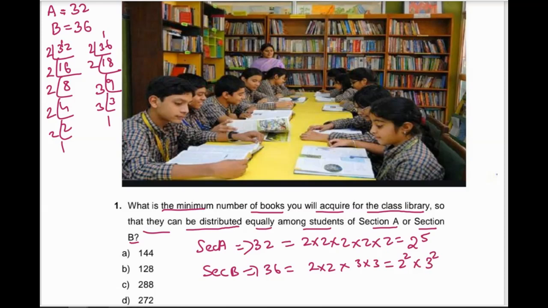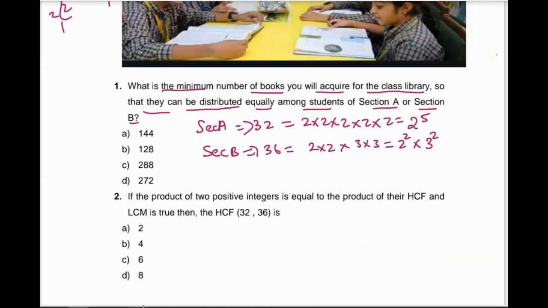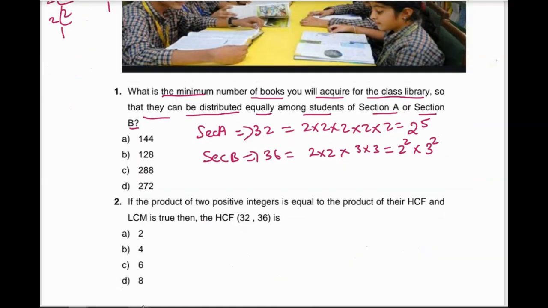So now we need to find the minimum number of books which should be arranged in the class library. Here we find the LCM, taking the maximum power of 2, which is 2 power 5, into the maximum power of 3, which is 3 square.